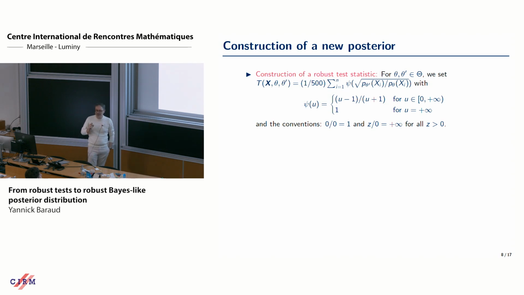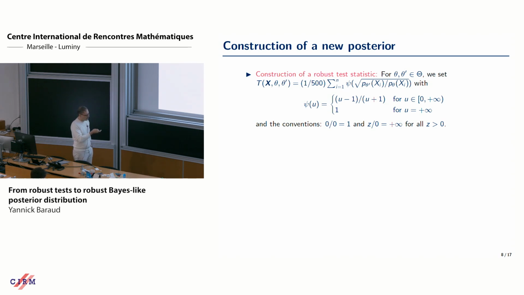And in fact, if in this formula you replace psi by the logarithm, then you will end up with this test statistic, which is just the test statistic of the likelihood ratio. Okay, that's what you would do if you want to compare two distributions, knowing that your data is distributed according to one of them.